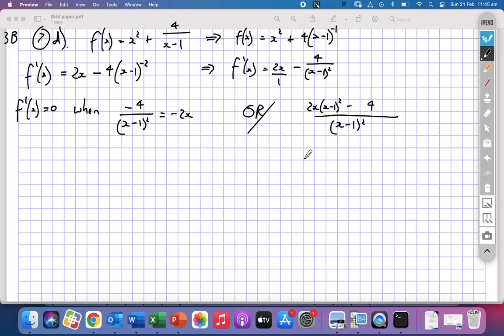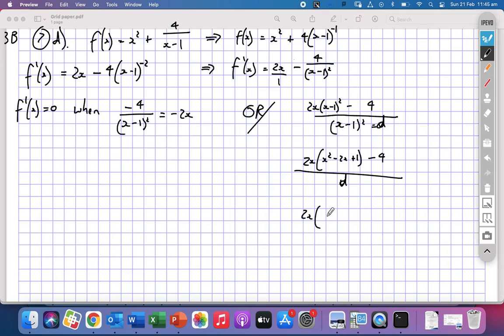And I would get 2x, x squared minus 2x plus 1 minus 4 on, let's just call that d for denominator. It's a bit clunky writing with this pen.